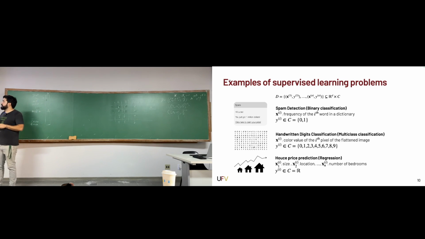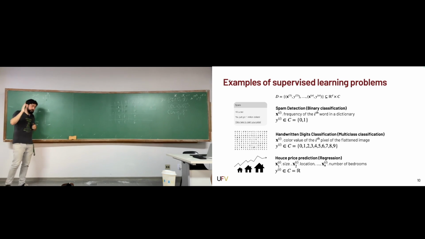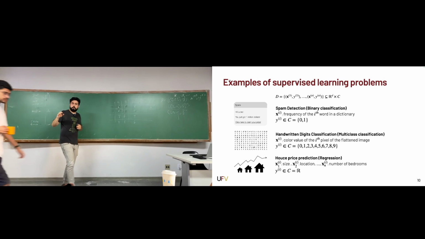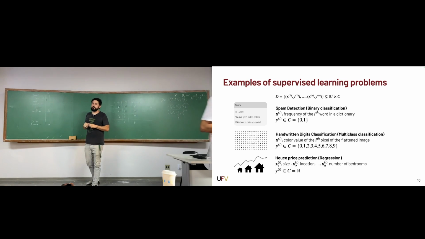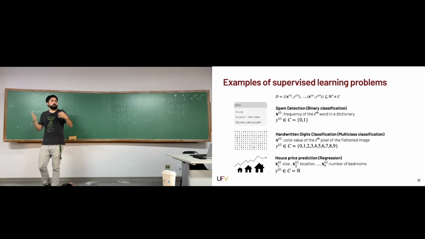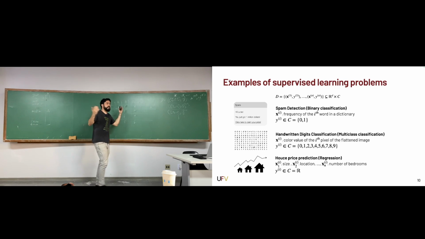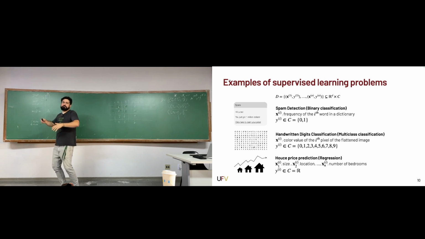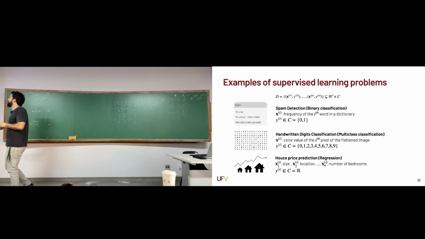For example, given the location of a house, let's say an apartment downtown, you want to predict its price. So the output is any number, because the price can be any number from 0 to potentially infinite, but let's say at least millions of reais, or dollars.